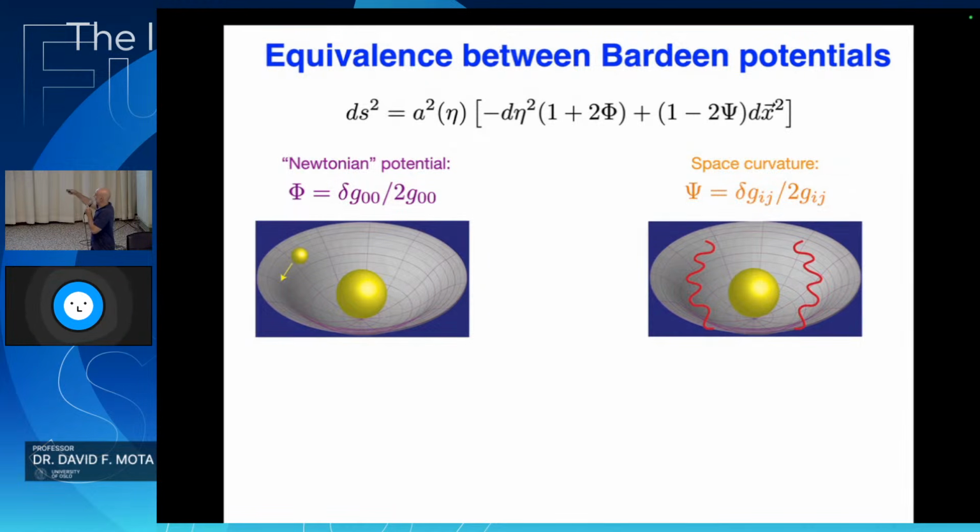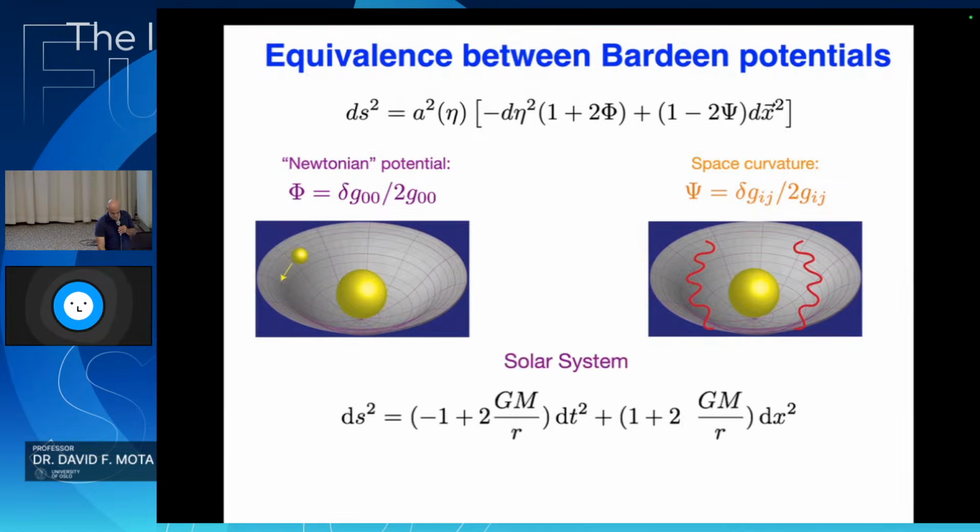Basically, phi comes from the 0,0 component of the metric, and that's the one responsible for the acceleration of particles, and psi is also responsible for photons. So light feels both phi and psi, the sum in fact of the two Bardeen potentials, also called the Weyl potential. Okay, so that's fine.